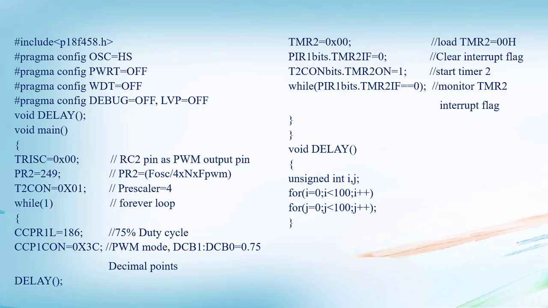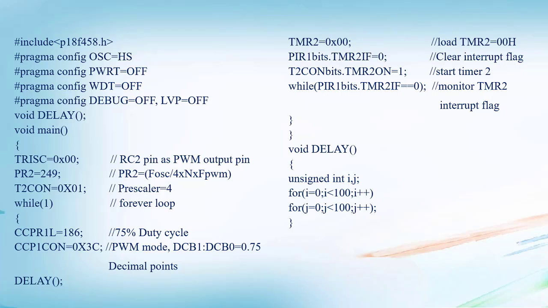First, we have to make the RC2 pin an output pin, so we write TRISC equals 0x00. The next step is to put the value into PR2. The value which we calculated, 249, we put into PR2. Then for the T2 control register we select the prescaler value, that is 4. So T2CON equals 0x01.